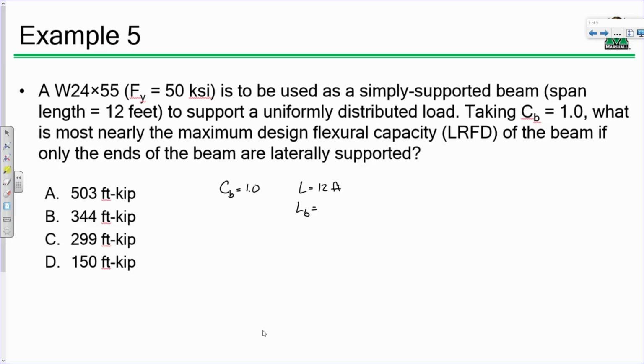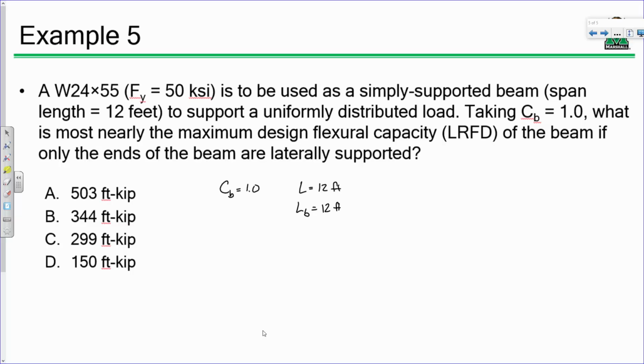What is Lb? It's the distance between braces. So what is Lb for this problem? 12 feet. It's 12 feet, because it's only braced at the ends. If there was a brace at midspan, what would the Lb be? 6 feet. Remember, this is easy to mess up on the exam.